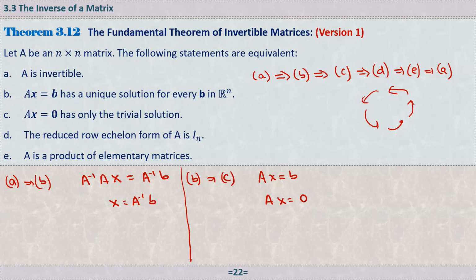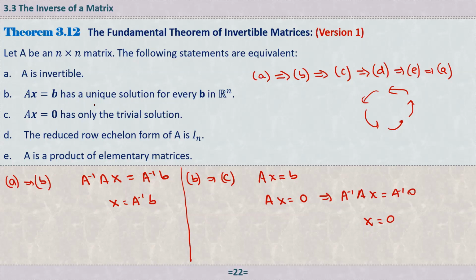So in particular, if it is the zero vector, if you just multiply both sides by its inverse, A inverse A X equals A inverse 0, from here X equals 0. And we are saying that it has a unique solution because A is invertible. If A is invertible, AX equals B has a unique solution.